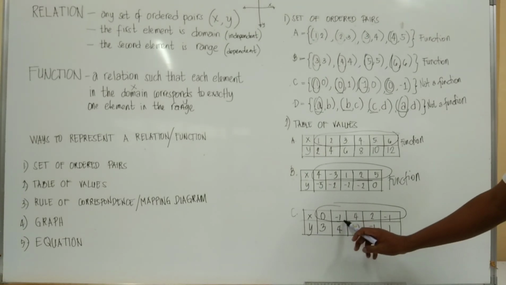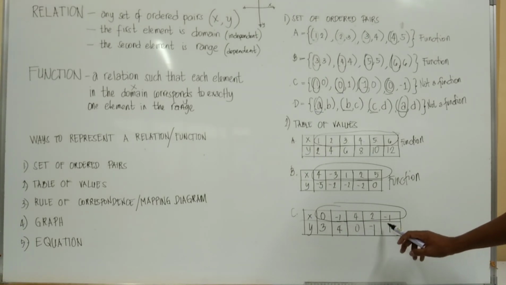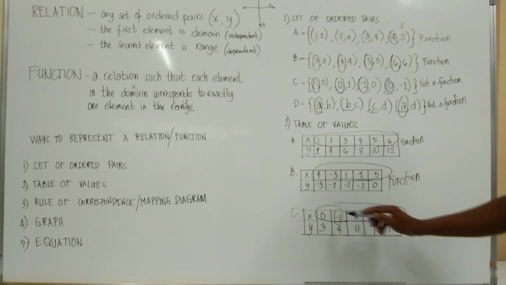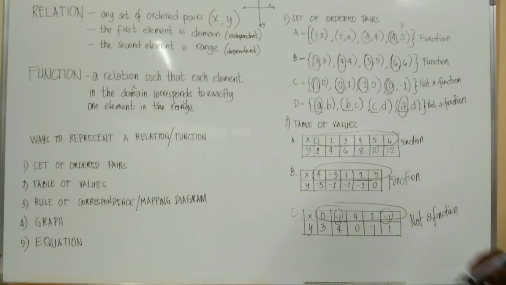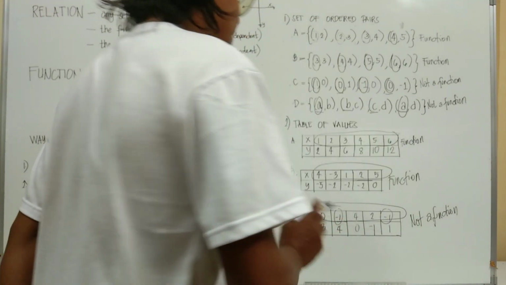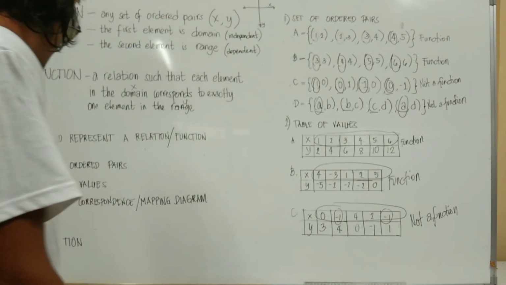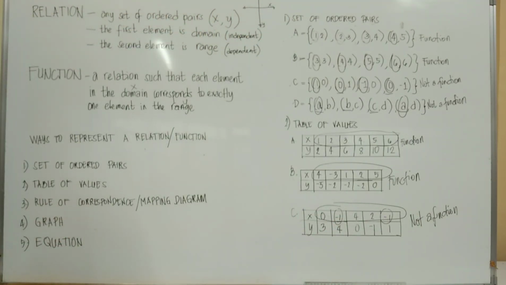We have 0, negative 1, 4, 2, and negative 1. Negative 1 repeats, so we can say that it is not a function. So very easy. Then let us proceed to number 3, rule of correspondence or the mapping diagram.